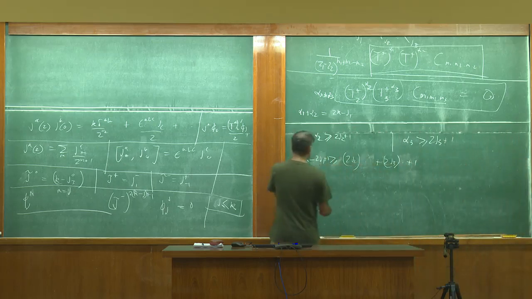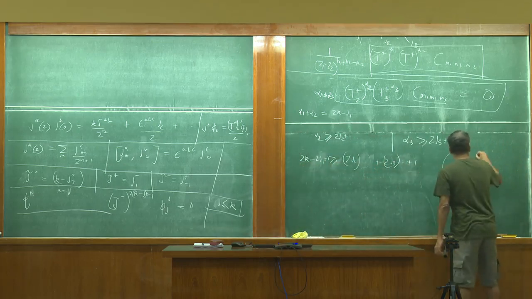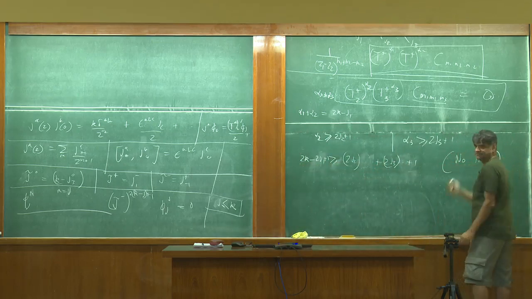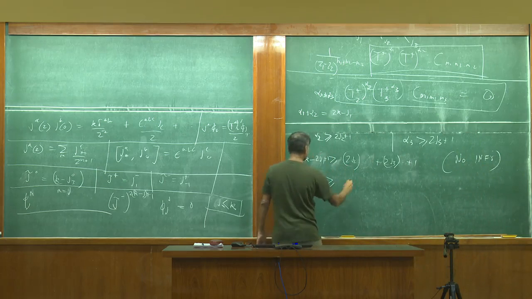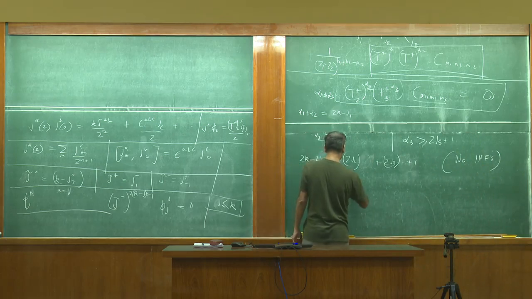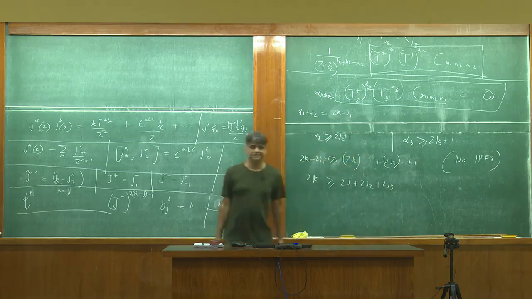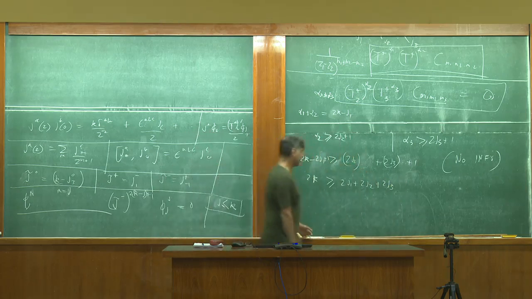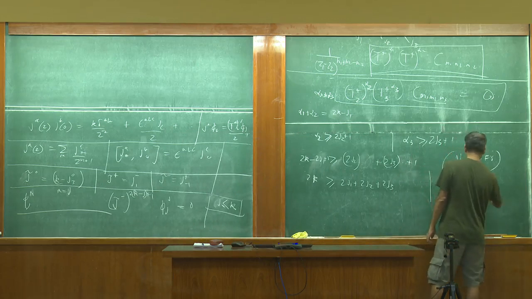Therefore, this condition is the case where we have no information. It is the case where 2K is greater than or equal to 2J1 plus 2J2 plus 2J3, or K is greater than or equal to J1 plus J2 plus J3.